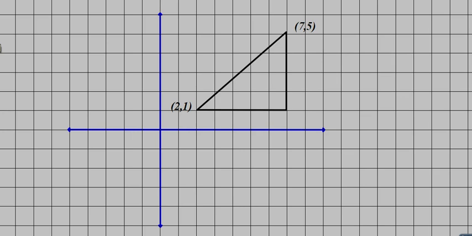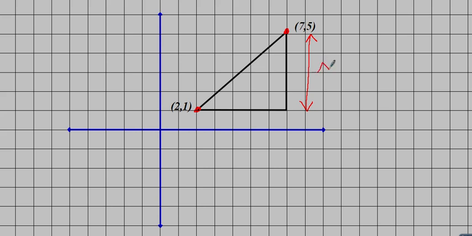Consider this straight line segment whose ends are the points 2, 1 and 7, 5. What is this distance? You can do that by counting the squares or simply by subtracting the y coordinates.